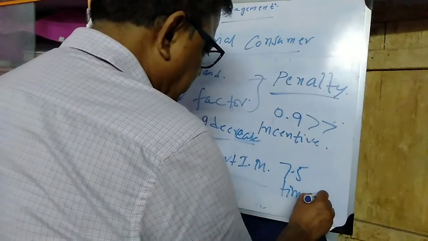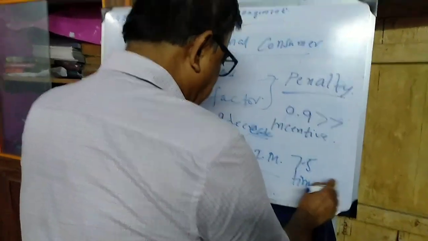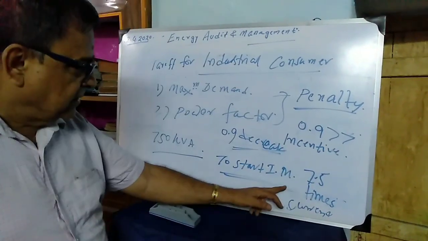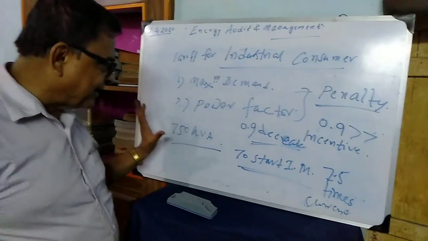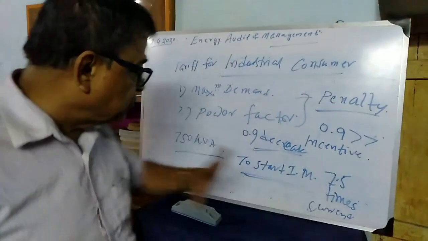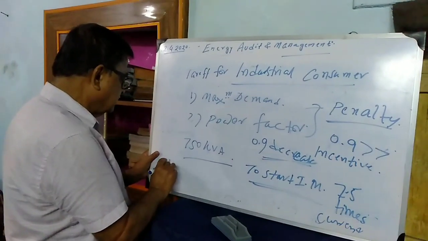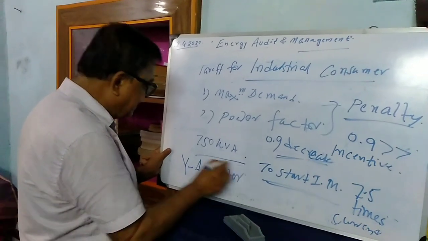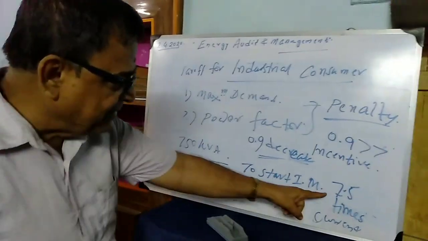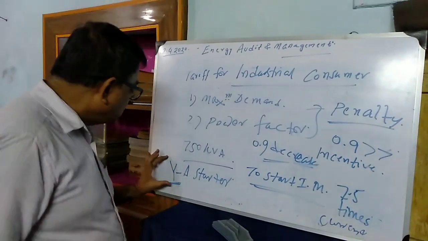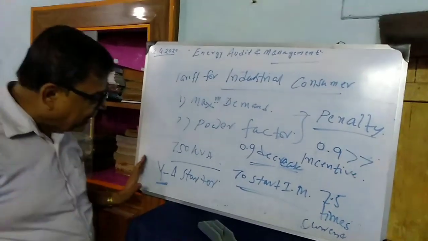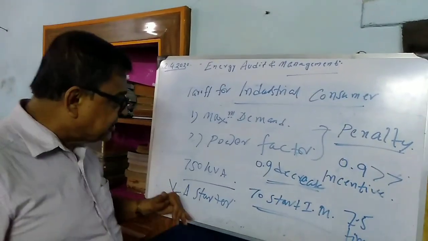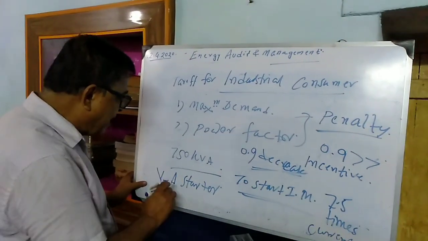That means if 750 kVA maximum demand is fixed, and we use a star delta starter to start the machine, then in star condition it will take 7.5 times current. So we cannot start a number of machines with star delta starters at a time. So the sequence will be maintained.